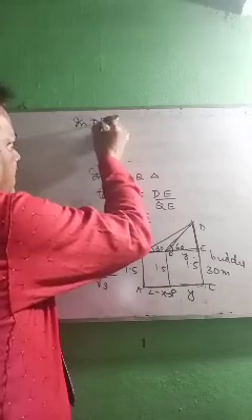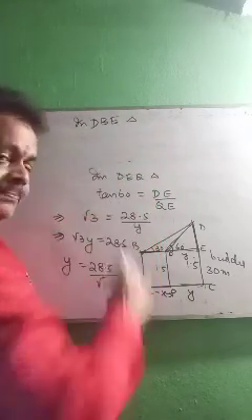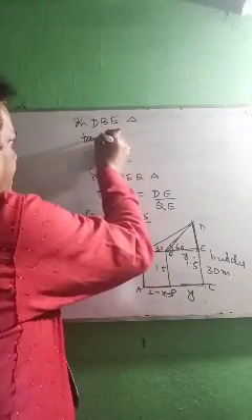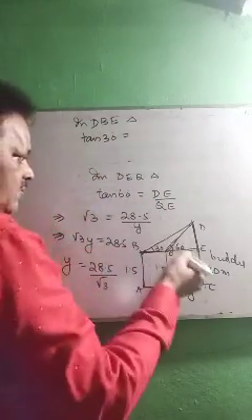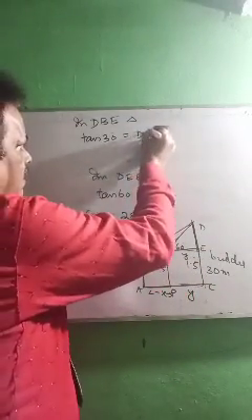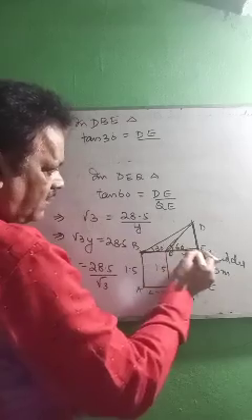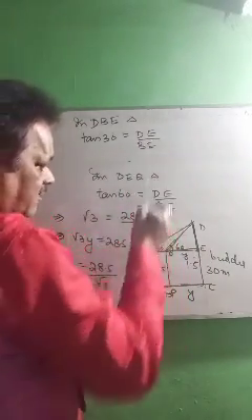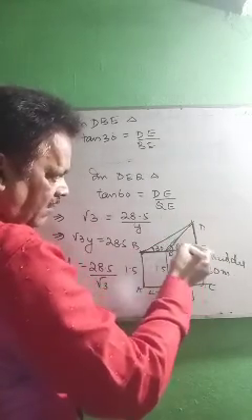In DBE triangle, tan 30 equals perpendicular by base, BE. Always remember, angle you have to take with perpendicular, not with this side.